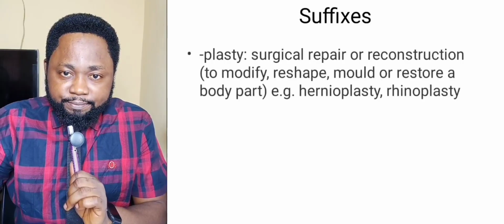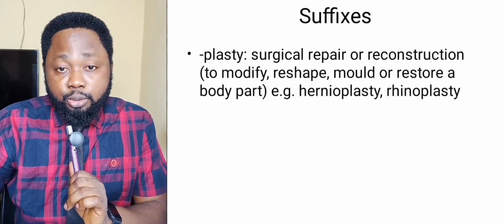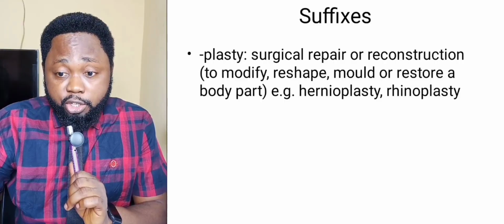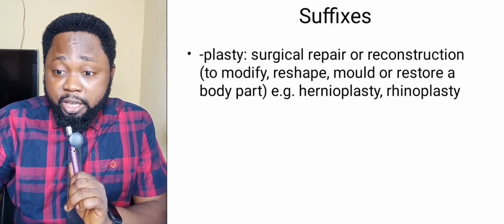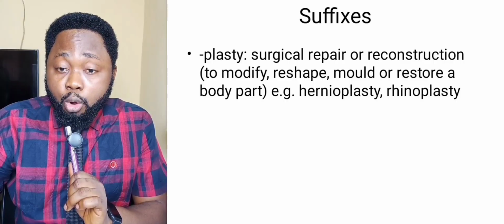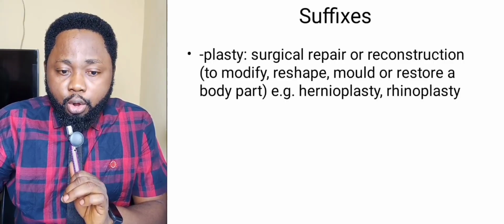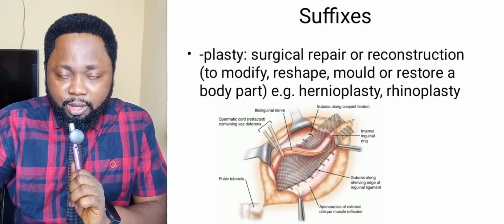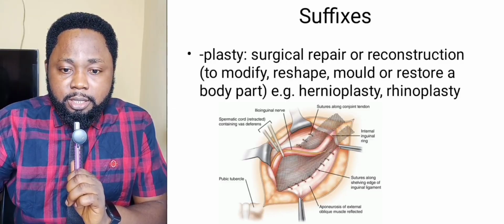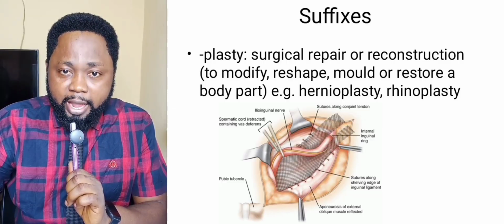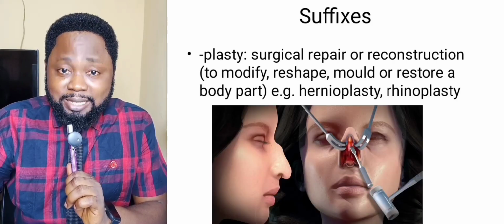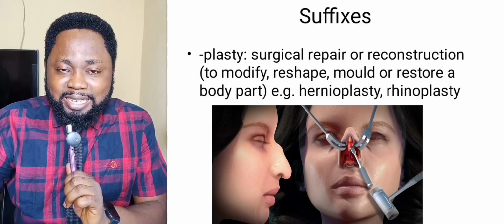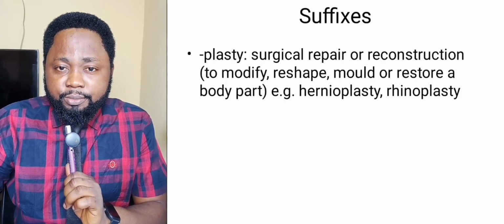Now to suffixes, beginning with the suffix plasty. Plasty refers to surgical repair or reconstruction. It can also mean to modify, reshape, mold, or restore a body part. Examples include hernioplasty, which means surgical repair of a hernia; rhinoplasty, which means nasal reconstruction.